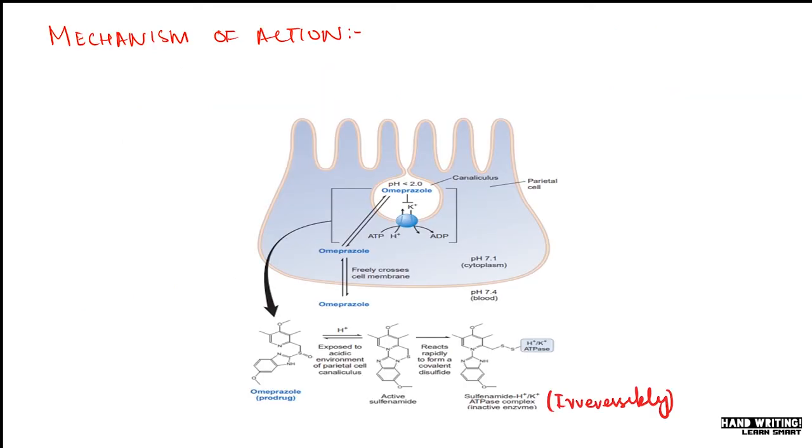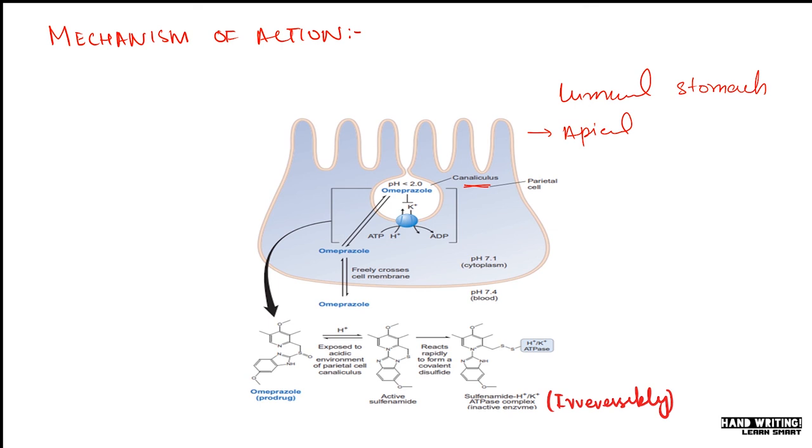Coming towards the mechanism of action, how do they act on the hydrogen potassium pump, also called proton pump, in the apical membrane of the parietal cells? First of all, this is the luminal side of the stomach. And this is the apical membrane of the parietal cells facing toward the lumen.